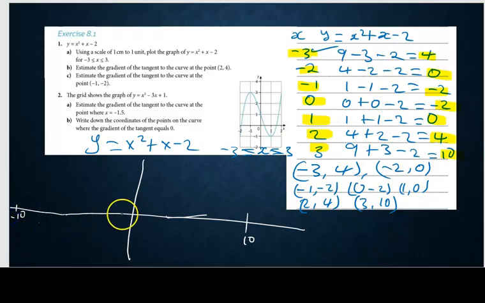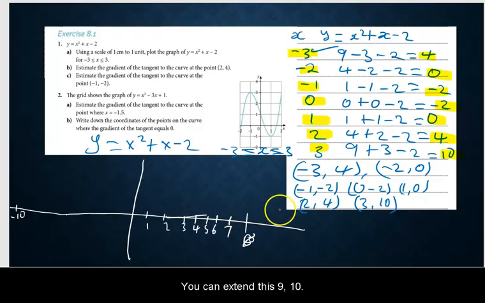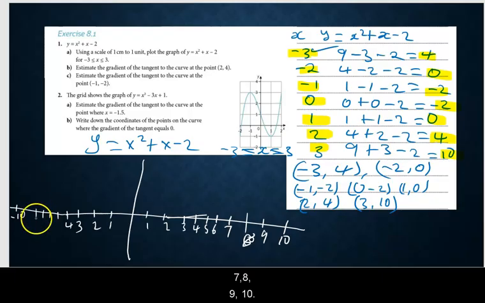Negative 10. So this is 1, 2, 3, 4, 5, 6, 7, 8. You can extend this. 9, 10. Then we have 1, 2, 3, 4, 5, 6, 7, 8, 9, 10.